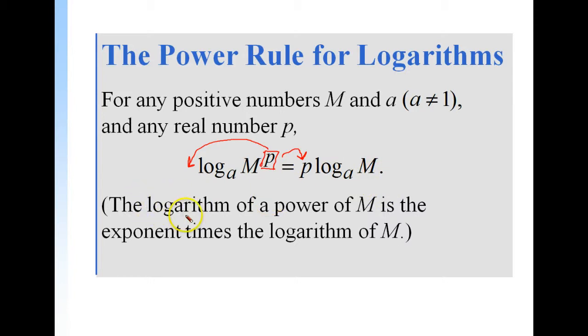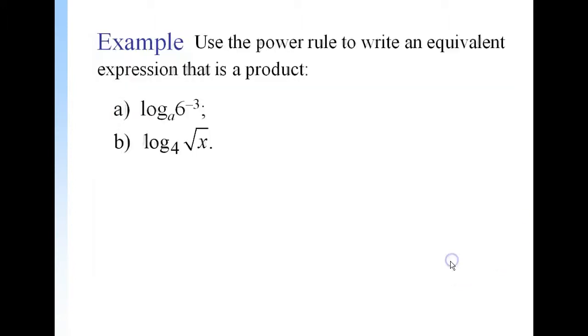So the logarithm of a power of m is the exponent, which is our p, times the logarithm of m. So we're going to multiply this by our exponent. And we'll see examples of this too as we go on here.